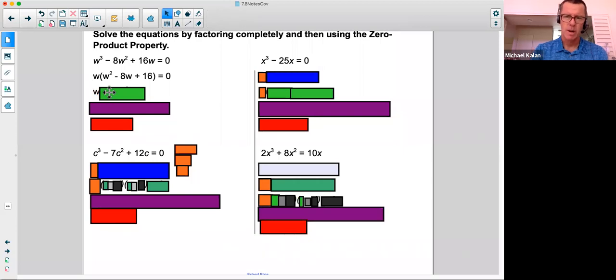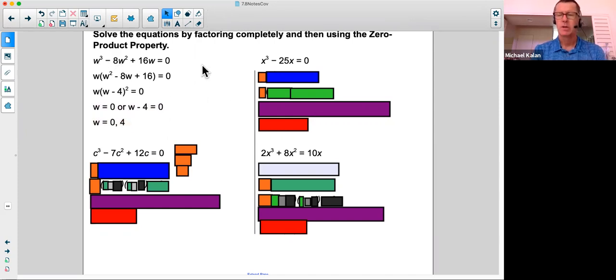So it factors to a binomial squared, w minus 4 squared. And then I can set each of those factors equal to 0. Technically there are 3, right? W and then w minus 4 and then another w minus 4, but no need to do it twice with the w minus 4. So in this case, we end up getting 2 solutions. Remember, when it's cubed, you can have up to 3 solutions. Doesn't mean you have 3 solutions.